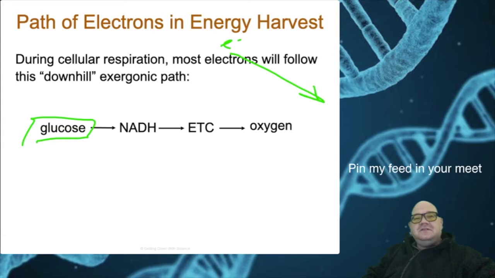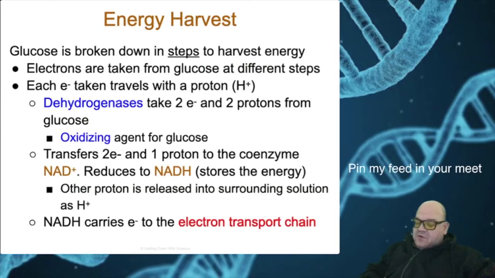So we don't just break a glucose down all at once. We do it at different spots, okay? And the first one is taking these electrons with an enzyme called dehydrogenases. They take a couple electrons and protons. Then we're going to do some oxidizing where we take 2 more electrons, okay, and 1 more proton. You're going to transfer that over to NAD and make NADH.